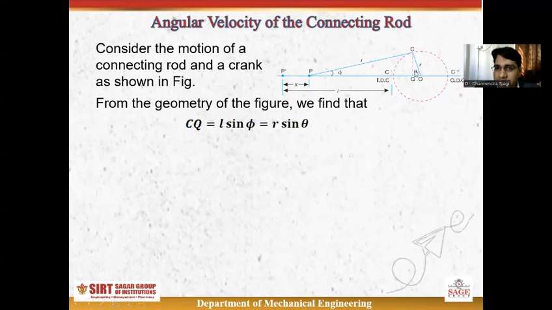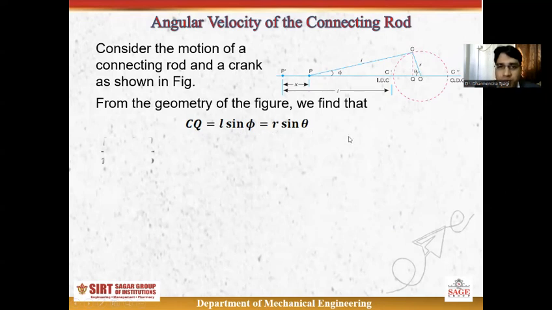Similarly, in this right angle triangle with OQ as the base, CQ is the perpendicular and the hypotenuse is R. Applying the same formula, perpendicular upon hypotenuse is sine theta, so the perpendicular CQ equals hypotenuse into sine theta. So L sine phi is equal to R sine theta.